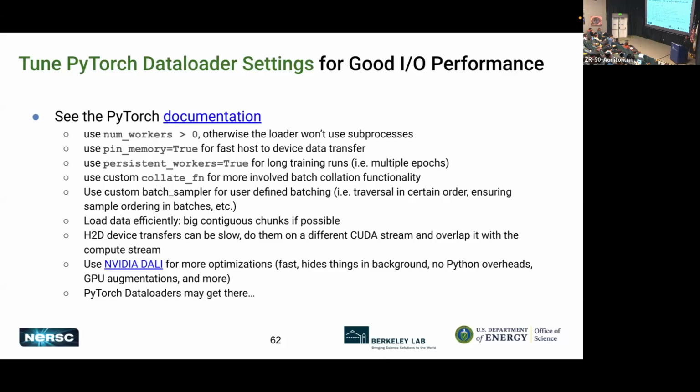The good news is if you're actually doing some of these more complicated things, at least for NVIDIA machines, we recommend you use NVIDIA DALI, which will automatically do all this for you. If you build your data loader with DALI, it's fast. It hides all these device transfers and does it in the background, basically. It doesn't have any Python overheads because it's all written in C++ under the hood.